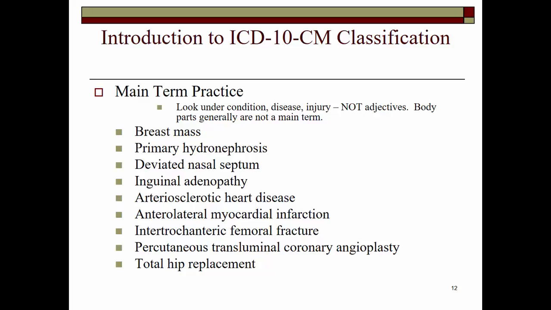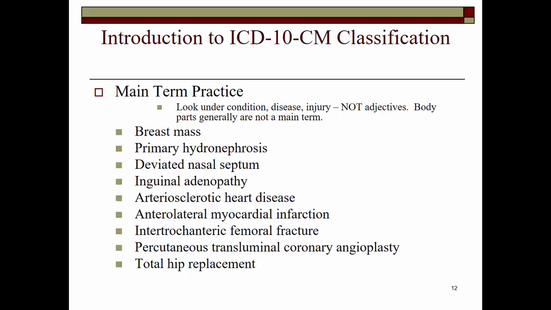And we'll do one more because the other two on the list here are actually procedures. So we have an intratrochanteric femoral fracture. Take a moment, see if you can identify what the main term is. The main term or condition or problem is fracture.